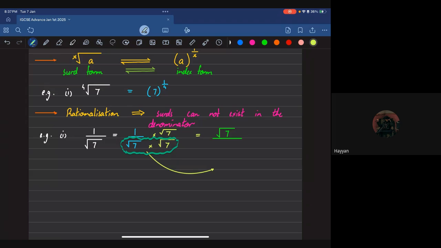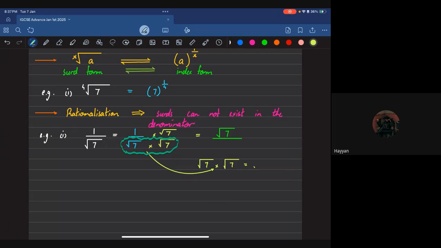So what's going to happen is under root 7 times under root 7. That is what's happening in the denominator.